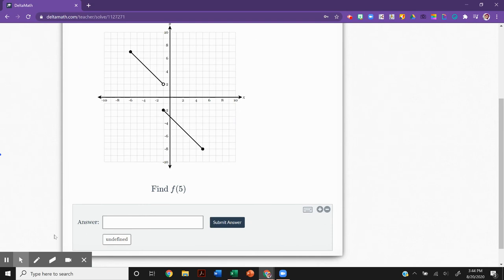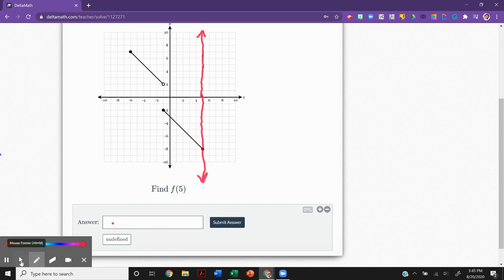So I'm going to draw a vertical line at 5. I drew my vertical line. That is a terrible line on a computer, but it works. Where does my line and my function cross? Well, it crosses right here at -8.